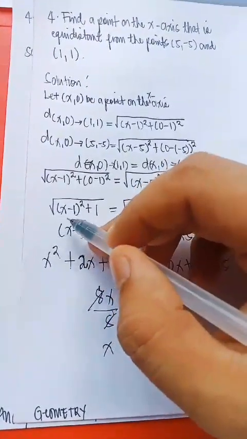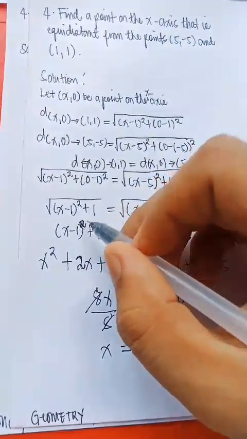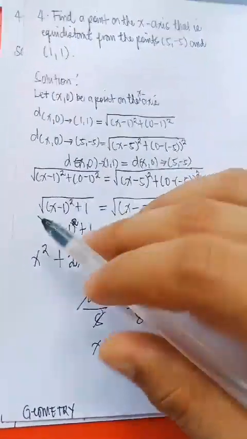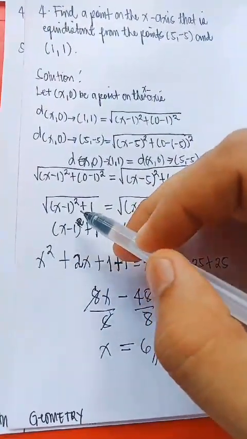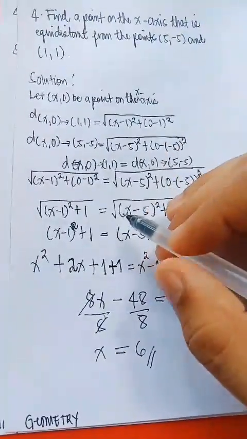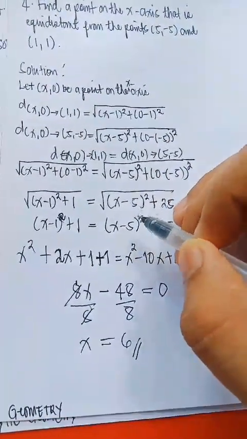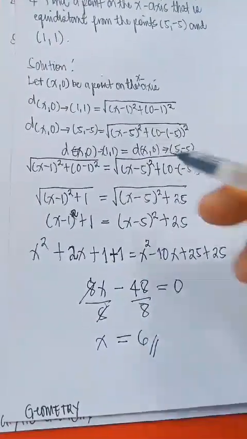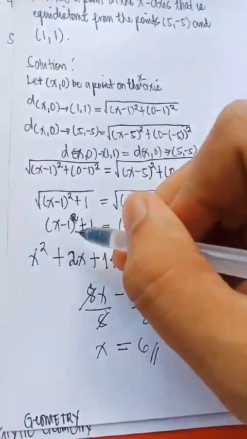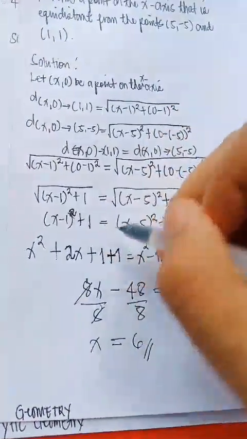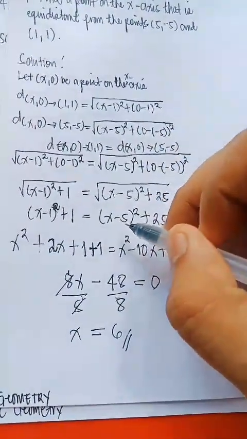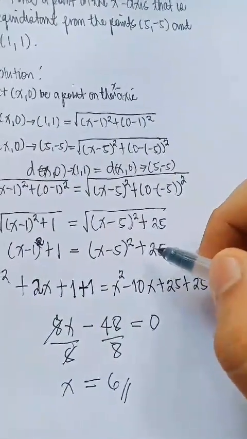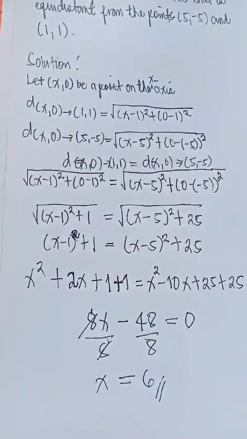So the square root of (x minus 1) raised to 2 plus 1 is equal to the square root of (x minus 5) raised to 2 plus 25. Next, (x minus 1) raised to 2 plus 1 equals (x minus 5) raised to 2 plus 25.